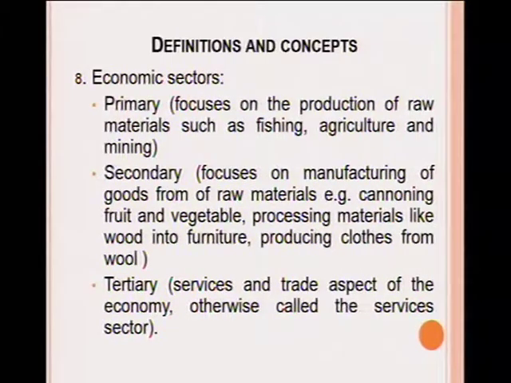The fishing sector, the agricultural sector, the mining sector fall under the primary sector. Secondary sector is transforming the raw material to finished goods. The manufacturing sector, producing clothes from wool, furniture from wood, and that.